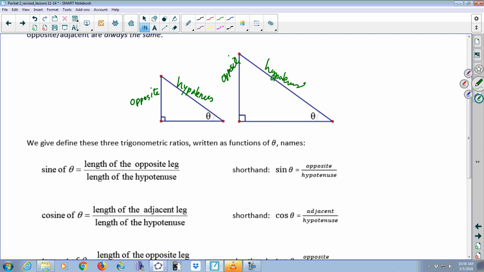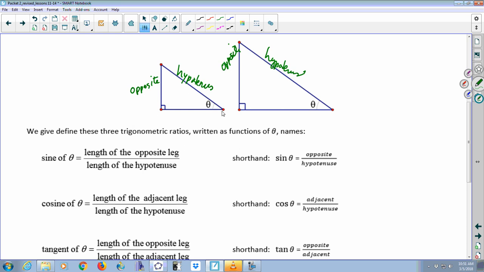We define another trigonometric ratio as the side adjacent, the leg that's adjacent to theta, divided by the hypotenuse. That's called cosine of theta. So that would be adjacent divided by the length of the hypotenuse.